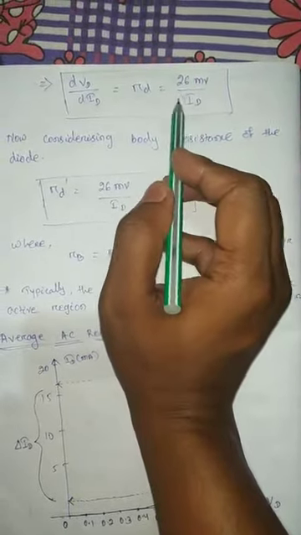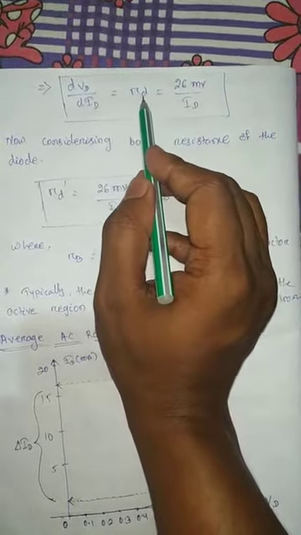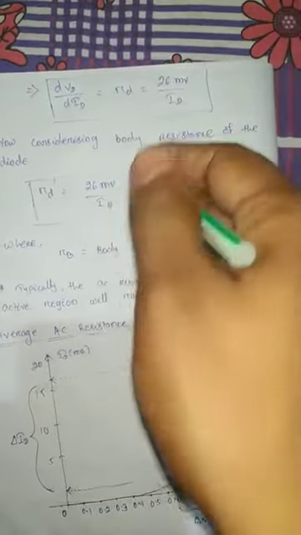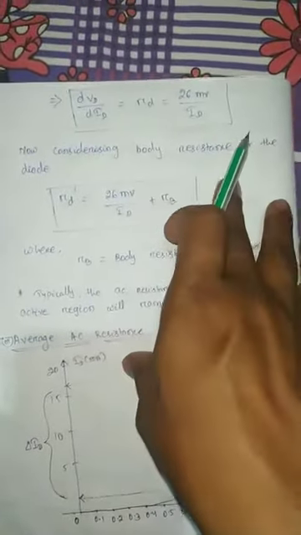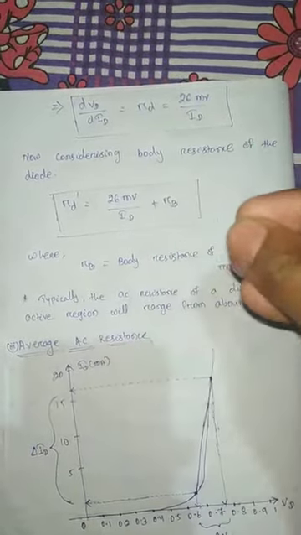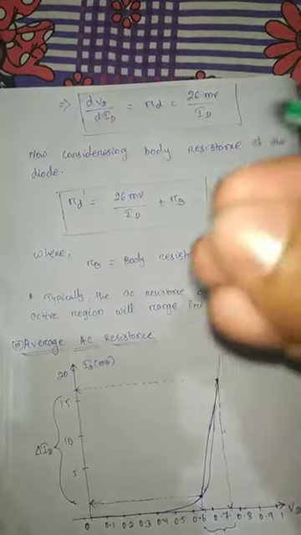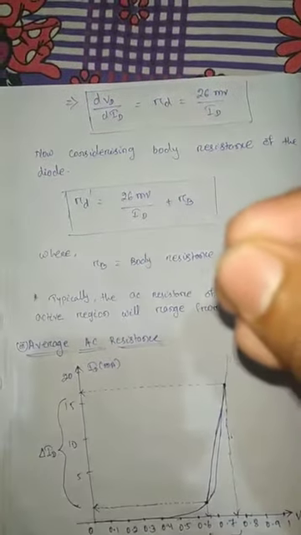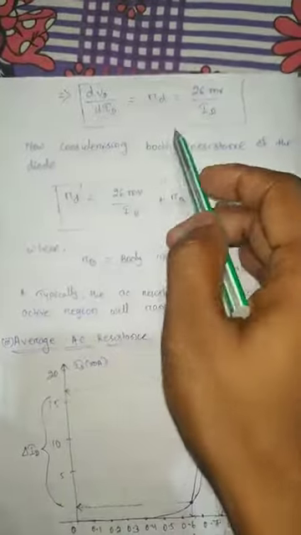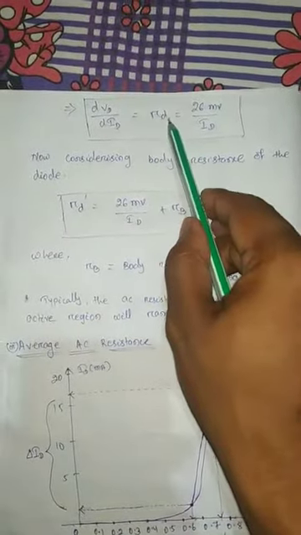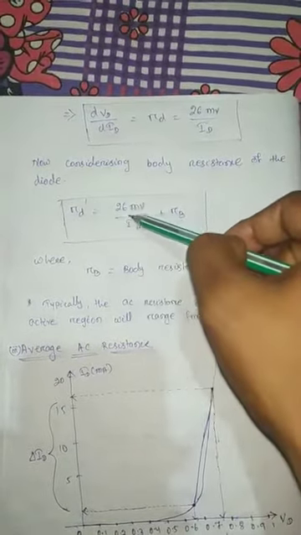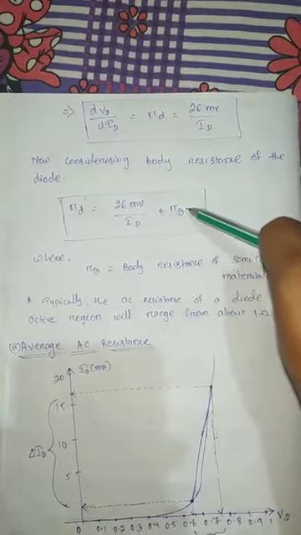Using this equation, we can directly find out the dynamic resistance of the diode. In this case, we did not consider the resistance of the semiconducting material. Now, considering the resistance of the semiconducting material, we can modify the dynamic resistance: Rd dash equals 26 millivolt divided by Id, plus Rb.